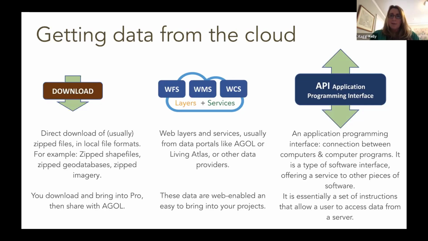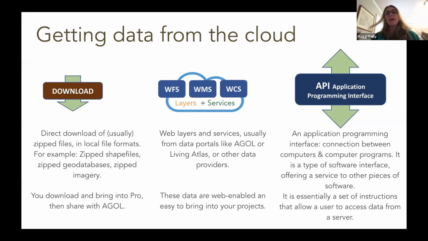More commonly, though, it's this middle one where you're interacting with somebody's data archive, that they've made available as these web-enabled layers and services. WFS, WMS, WCS, that's just the type of layer and service that they're providing to you. This is going to be more and more typical, and we'll do this in workshop.